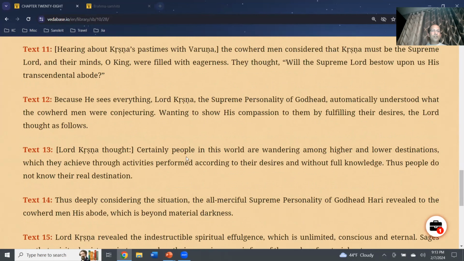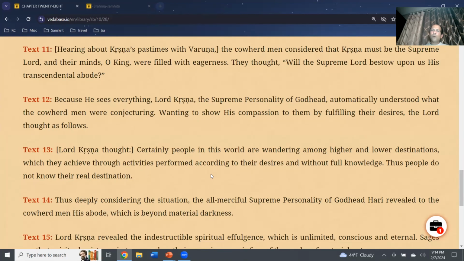Then Lord Kṛṣṇa thought, certainly people in this world are wandering among higher and lower destinations, which they achieve through activities performed according to their desires and without full knowledge. Thus people do not know their real destination. So here Kṛṣṇa is having compassion for the people of this world, who do not know what their real destination is.